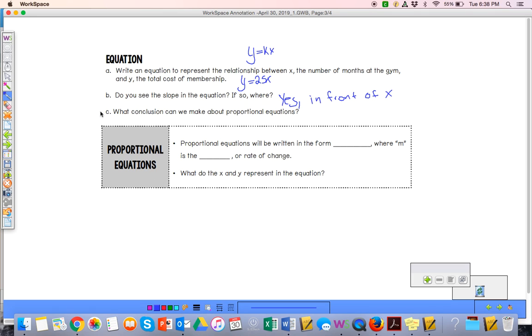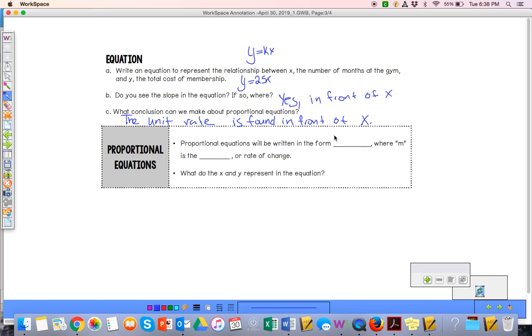So we can say the unit rate is found in front of x. The next thing says proportional equations will be written in the form. So this is where we change it up. I don't know why we changed the lettering.